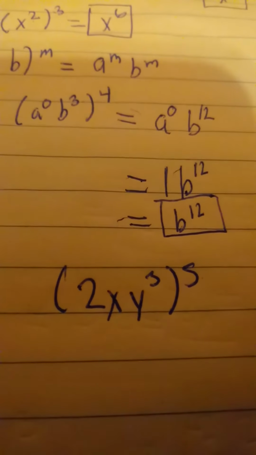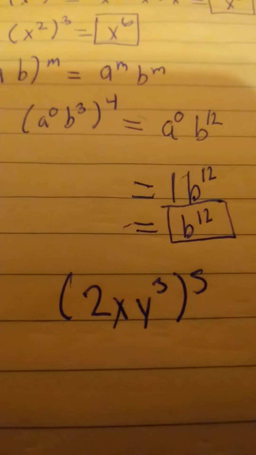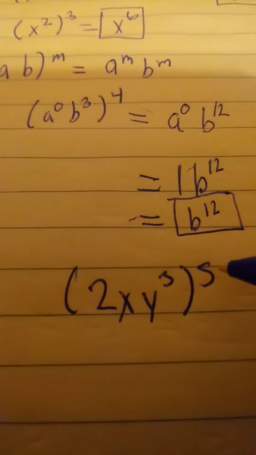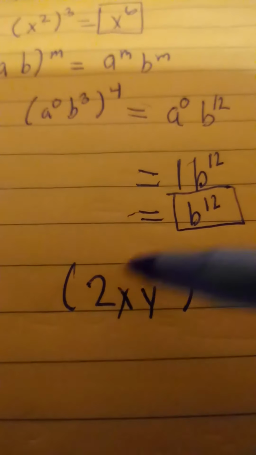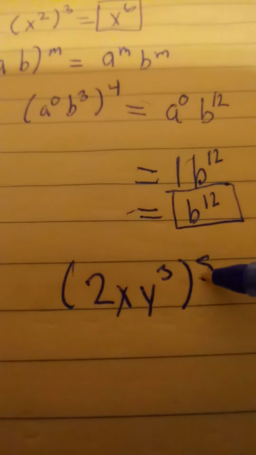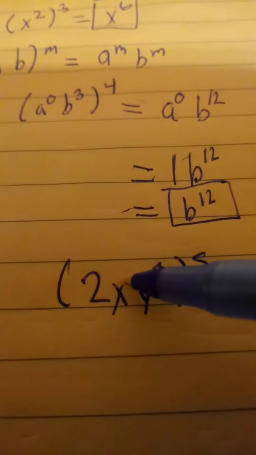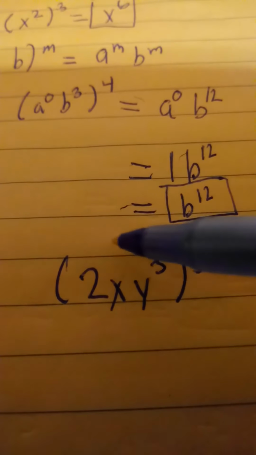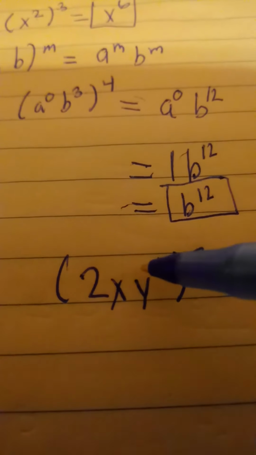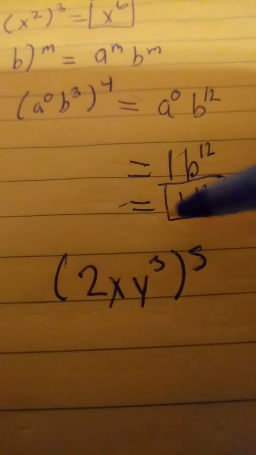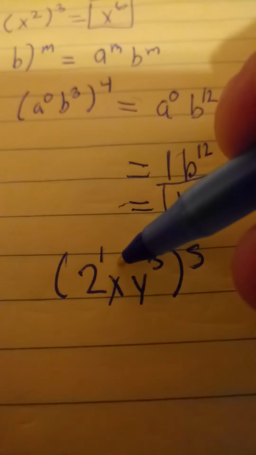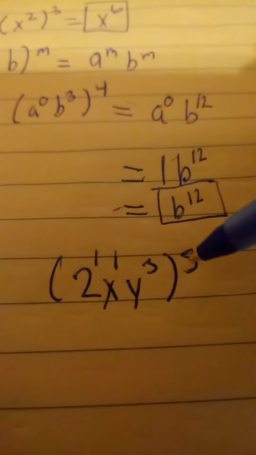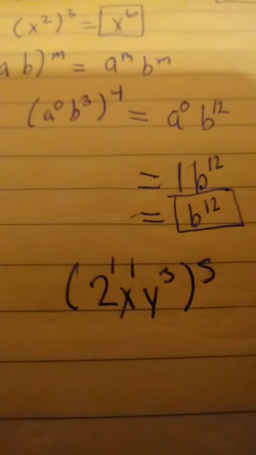You have 2x, y to the 3rd, and you're being raised to the 5th power. So you're going to distribute that 5 times the 2, times the x, and times the y. Remember, this is being raised to the 1st. Same thing for the 2. And if you want to put exponents to them, that's fine. Just so you know that you're going to have to multiply those.